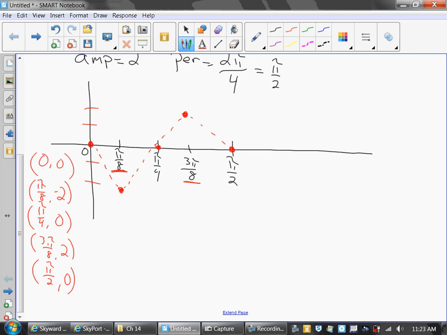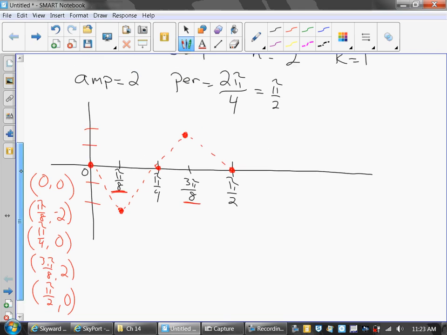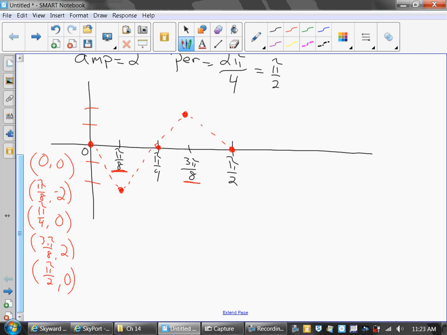Okay? That's your original. Now when you go to do your shift then, I know that each one of these is going to have to get moved right 2 and up 1. Now with our shift here, instead of being at 0, I'm going to be at, well, I add 2 to this.